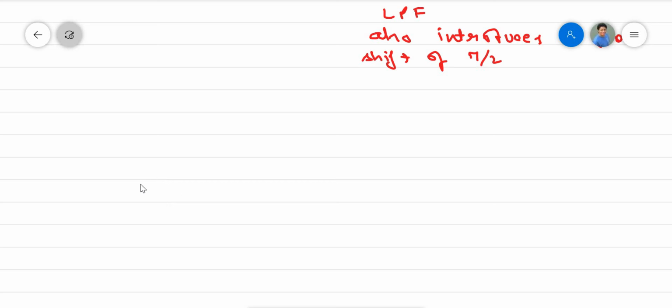We'll write one by one all those things which we know, and then move towards the point where the filter is realizable and also causal in nature, which we have already discussed with the ideality part.